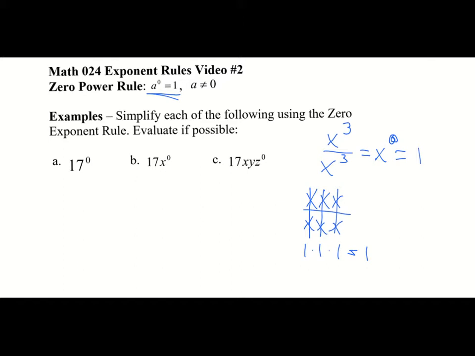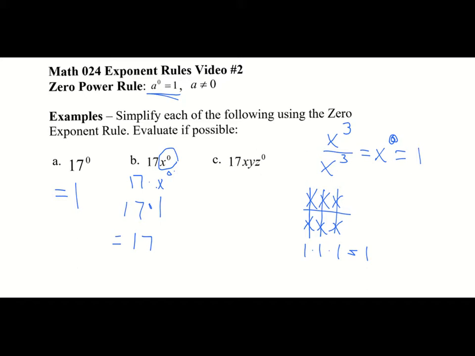So here, if we're evaluating 17 to the 0 power, it's going to equal 1. Now, if you look at B, remember, we have 17. If I write it out and look at it, it's really 17 times x to the 0 power. That 0 is only with the x, not with the 17. So we know that x to the 0 power is equal to 1. So now we have 17 times 1, or our answer is going to be 17.